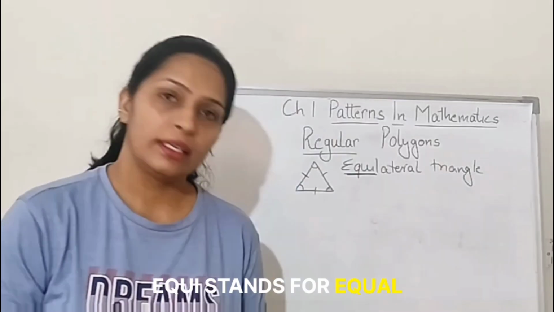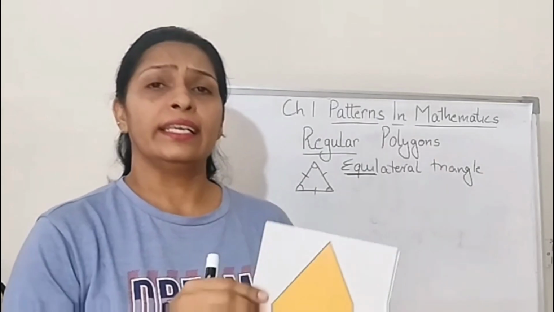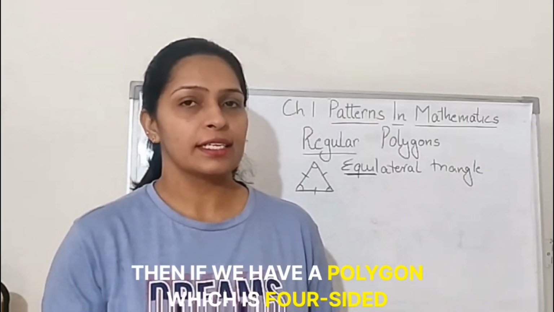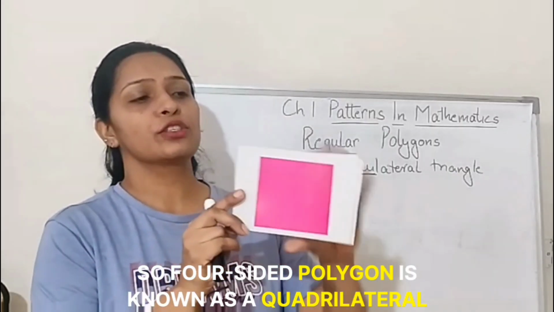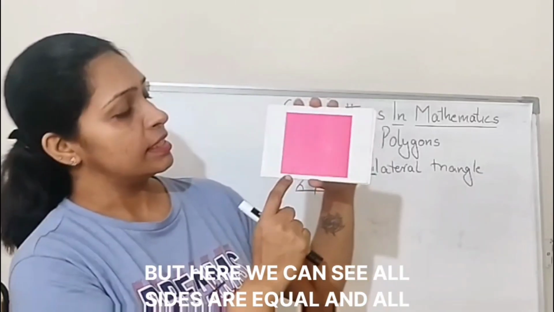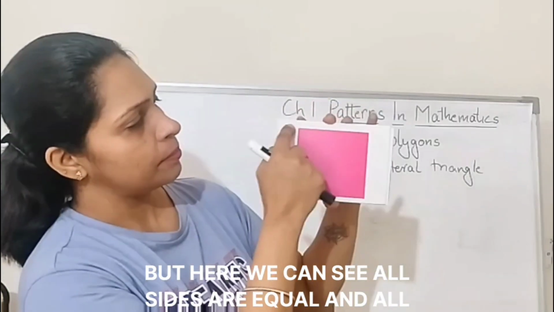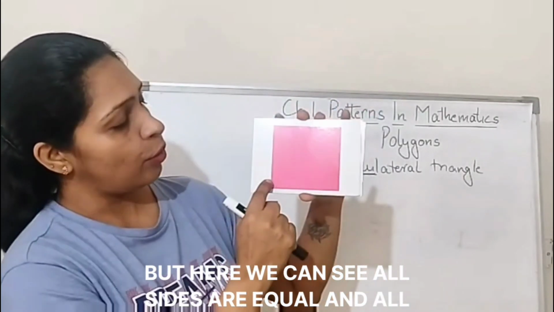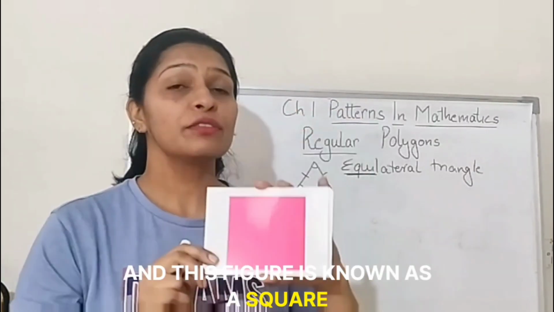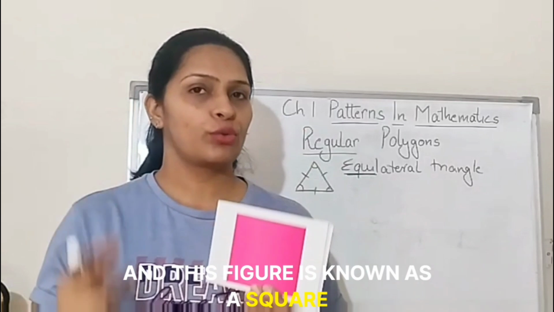Equi stands for equal. Then, if we have a polygon which is four-sided, a four-sided polygon is known as a quadrilateral. But here we can see all sides are equal and all angles measure 90 degrees. And this figure is known as a square.